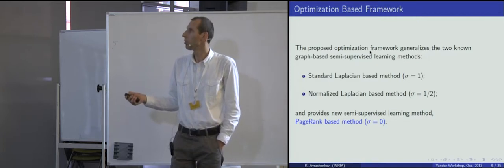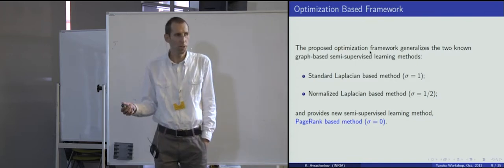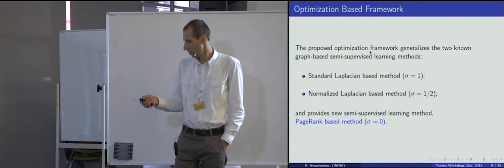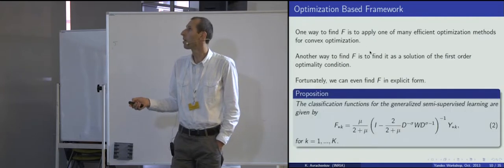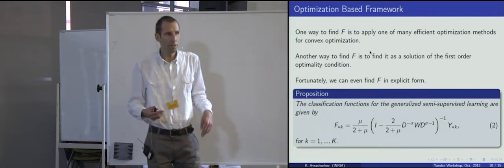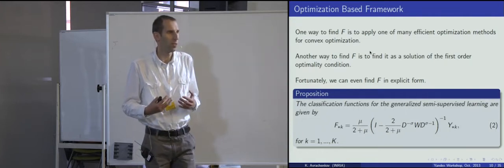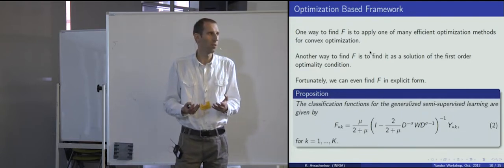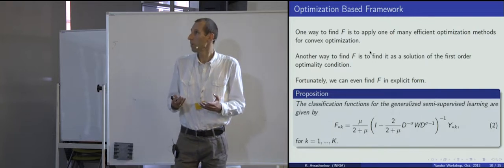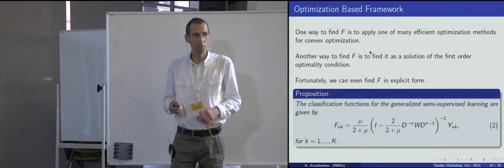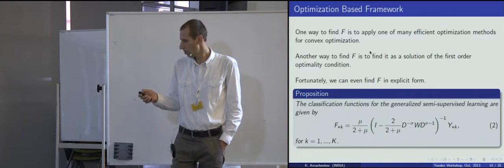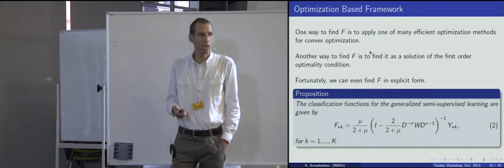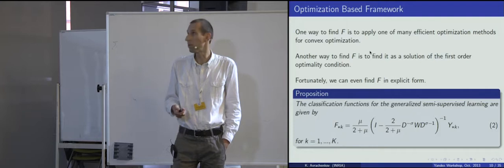And for sigma equal to 0, we actually obtain a new interesting method, which we call the PageRank-based method. Since it's a convex optimization, in fact just a quadratic optimization, one can use one of the very efficient methods for quadratic optimization, or one can even derive an explicit formula for the stationary point, which is given here, and use some linear algebra method to compute this formula.